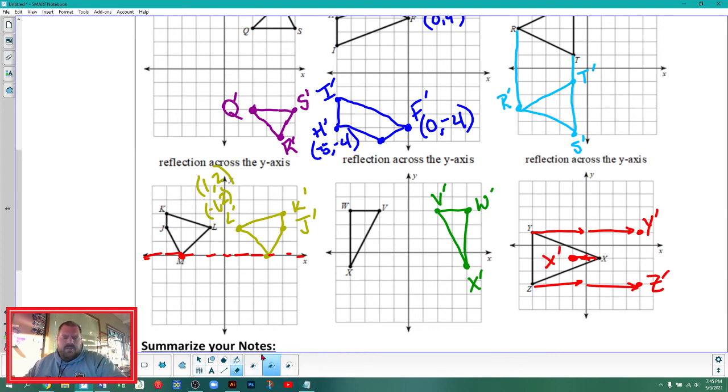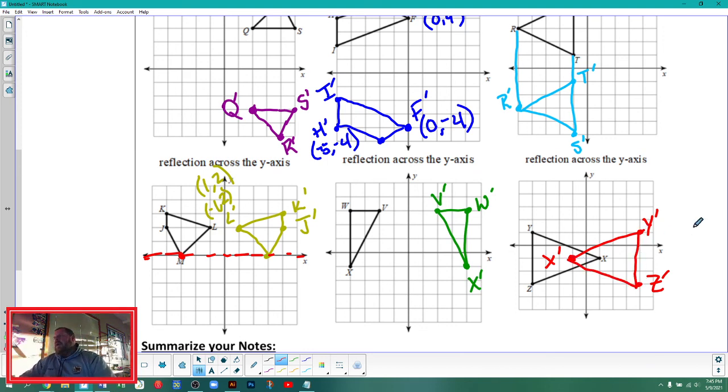Let me try to get rid of some of those other lines that we don't really need, just to clean it up a little bit. But we see here that the reflection of this, even though it's got points on both sides of the y-axis, we still follow the same rules, and it's totally okay.